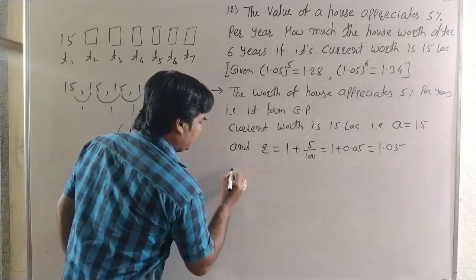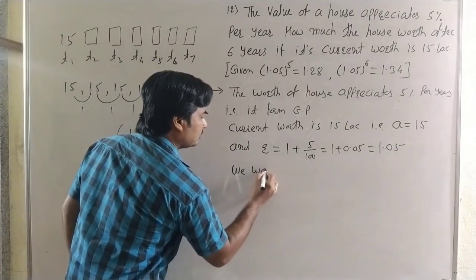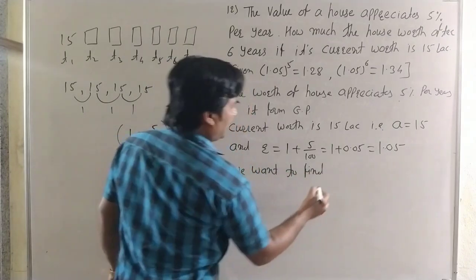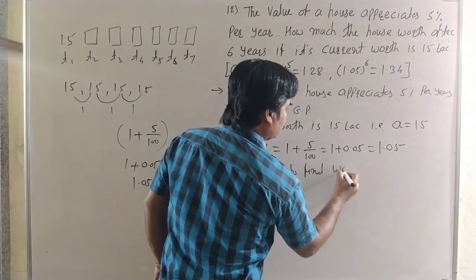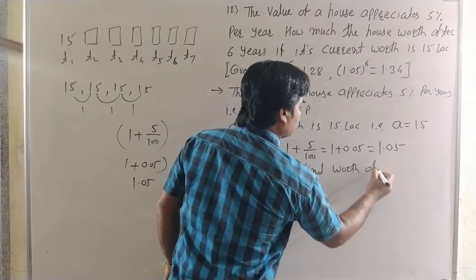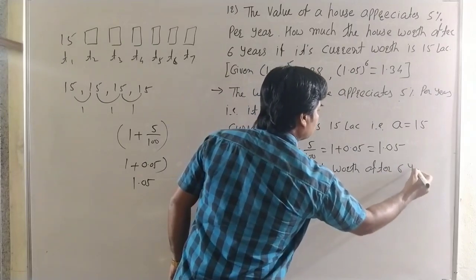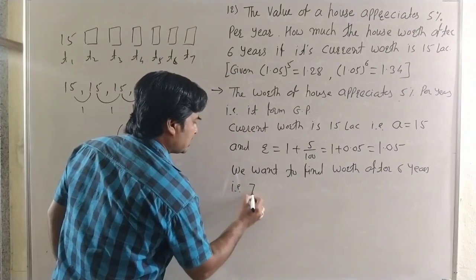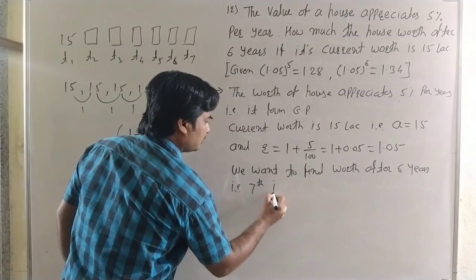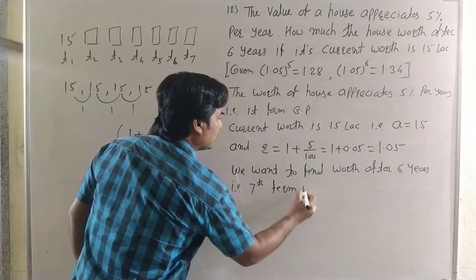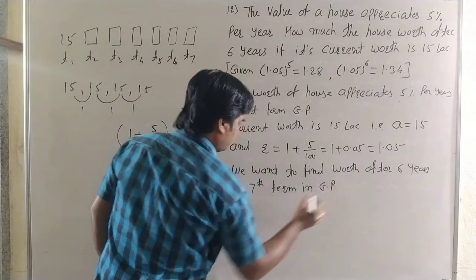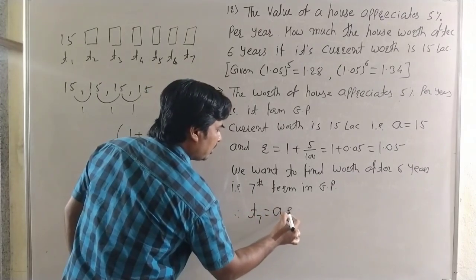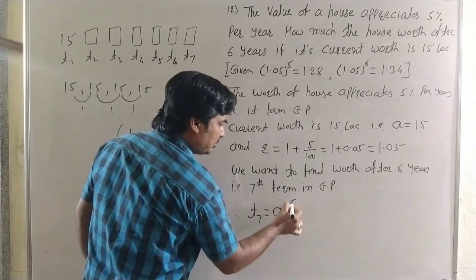Therefore T7 is equal to A into r to the power 7 minus 1, that means 6.